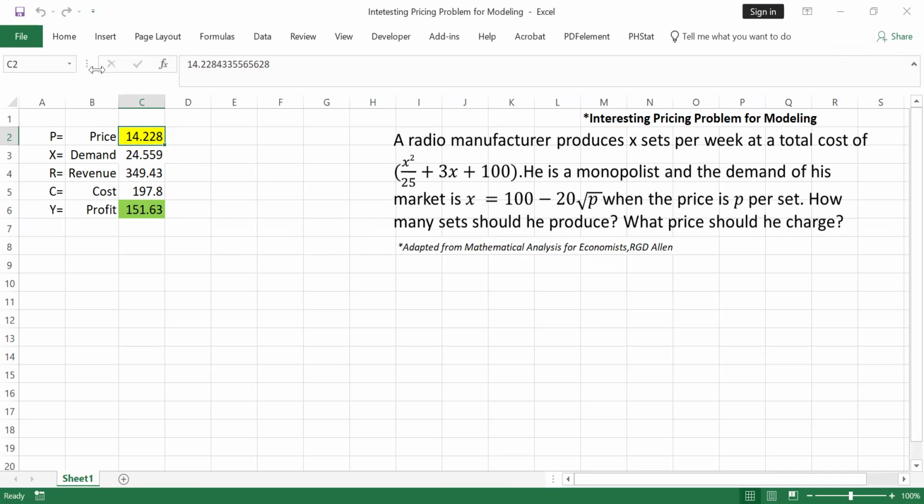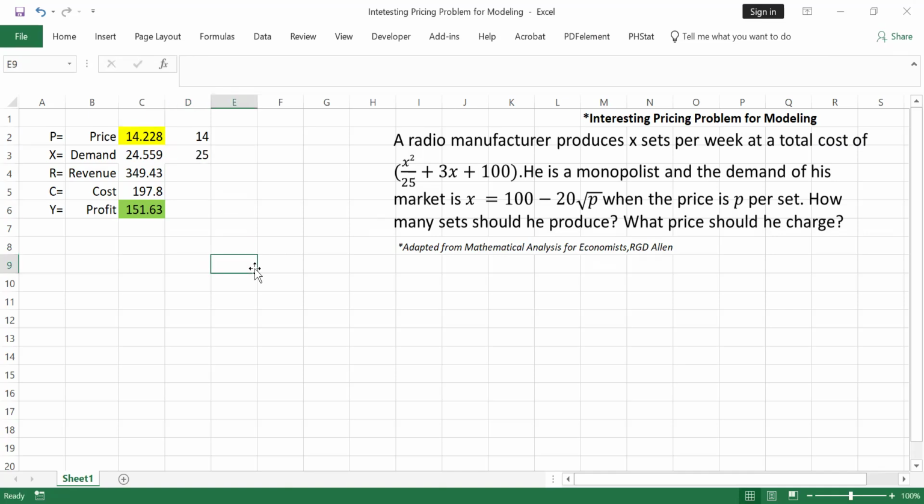So $14.228, without loss of generality, I'm rounding it to $14. Otherwise, we can leave it as 14.23, whatever. I just put 14, charge a price of $14. Of course, the demand, the number of sets, cannot be 24.559.